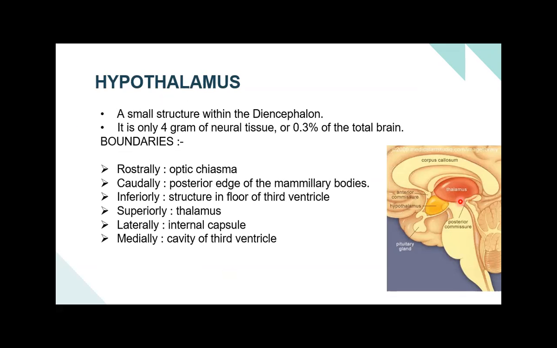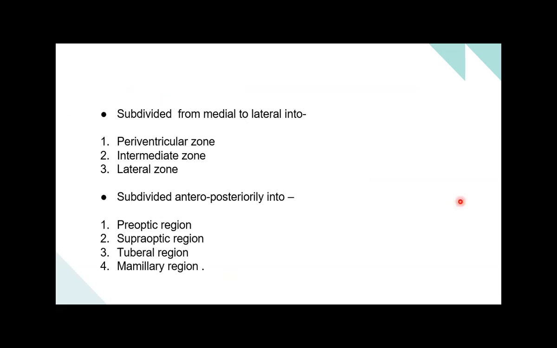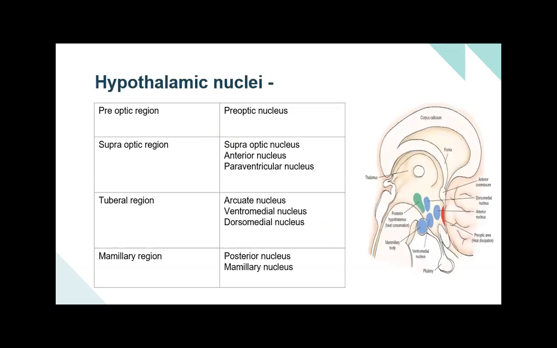The hypothalamus is subdivided from medial to lateral into the periventricular zone, intermediate zone, and lateral zone. From anterior to posterior, it is divided into the preoptic region, supraoptic region, tuberal region, and mammillary region. According to the regions, there are nuclei in the hypothalamus.